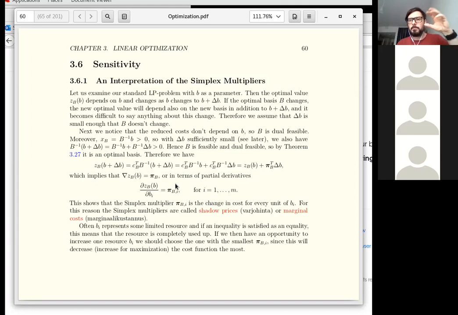Sorry, if you take z_B, that's the current cost with this basis. The simplex multiplier is then the derivative of that with respect to that component of the constraint vector. So the B vector in the constraint. If you change that a little bit, then the cost reacts by this marginal cost. So you get the idea.